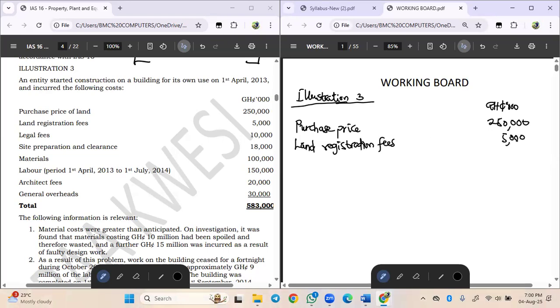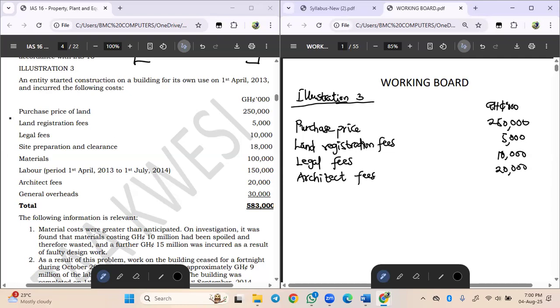Legal fees, that one is part of the professional fees. Legal fees and architect fees are all part. Legal is 10,000, the same as the architect. They are all professional fees, so that one is 20,000.